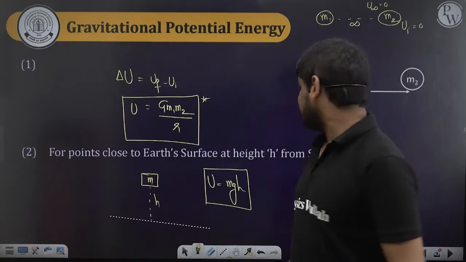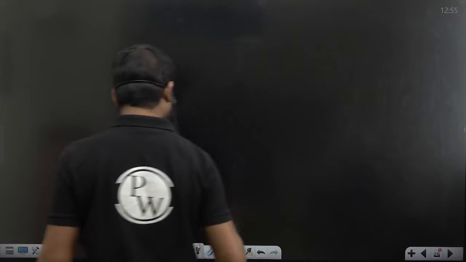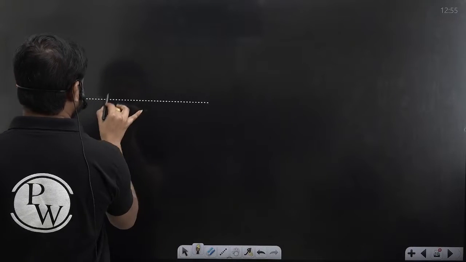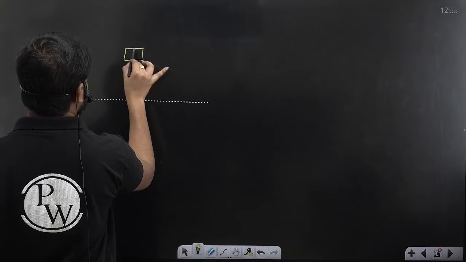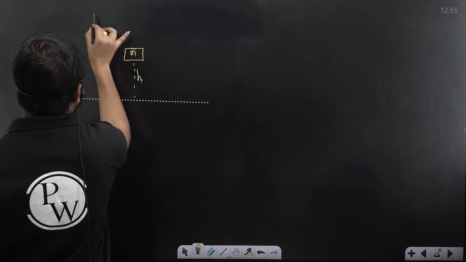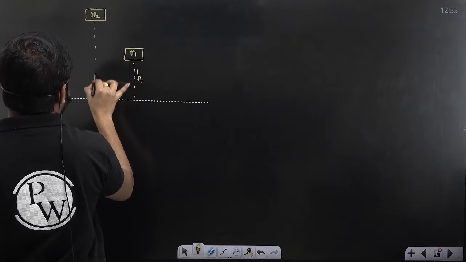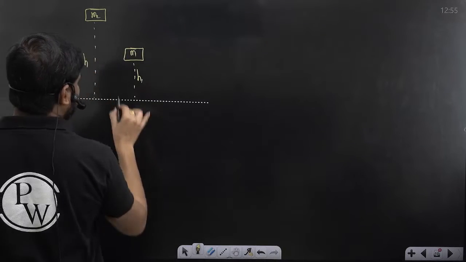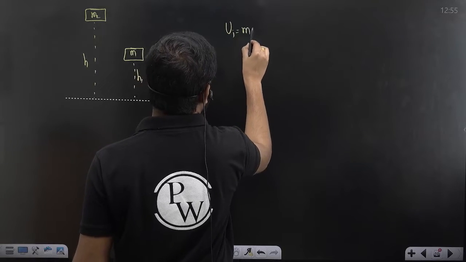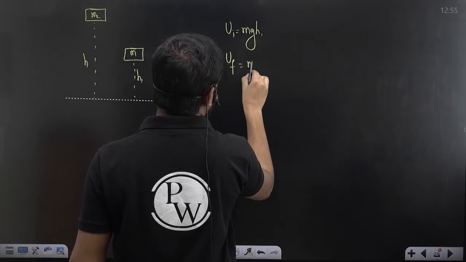Clear? Now if there are two objects, consider this is the earth surface, and here is a mass m at a height h1, and another mass at a height h2. The initial potential energy is mg h1 and the final potential energy is mg h2.